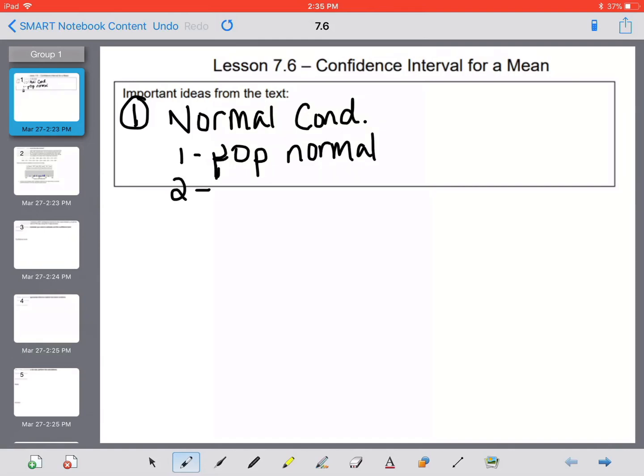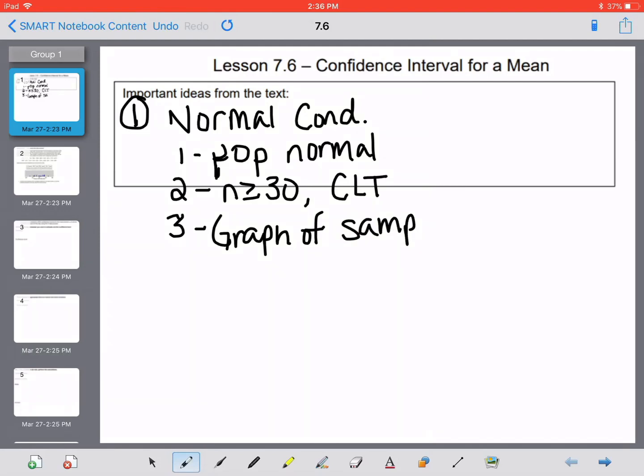Second, is n greater than or equal to 30 by the central limit theorem? And the third being, the graph of sample data has no strong skew or outliers.